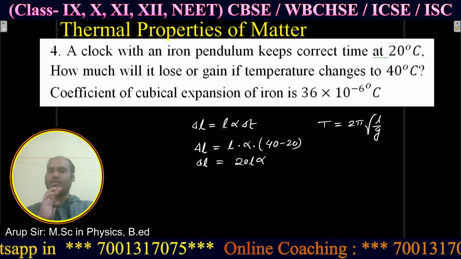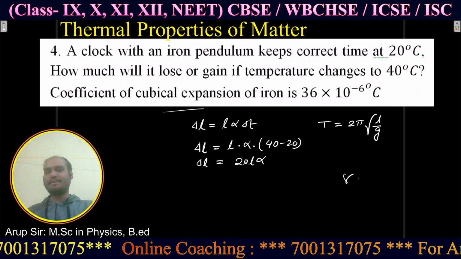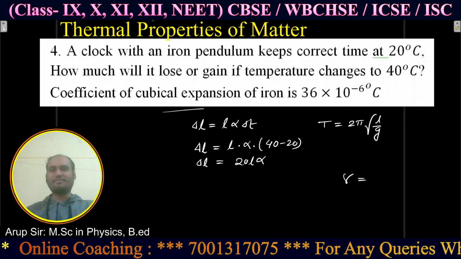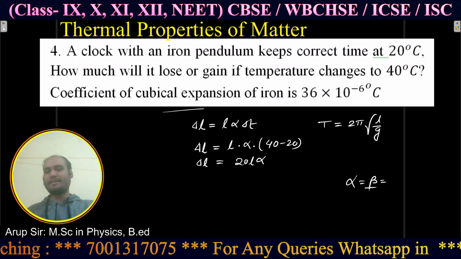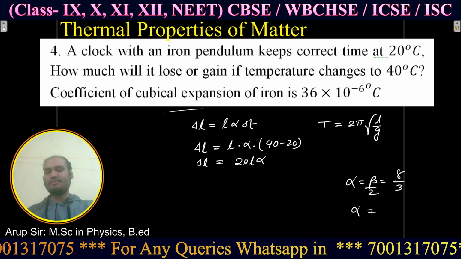Now what is the value of alpha? Here the cubical expansion coefficient gamma is given, and we know the relationship between alpha and gamma. Alpha is equal to beta by 2, which is equal to gamma by 3. We already know this relation. So alpha equals gamma by 3.